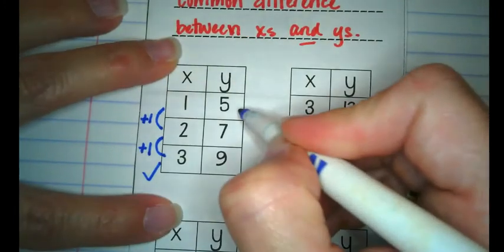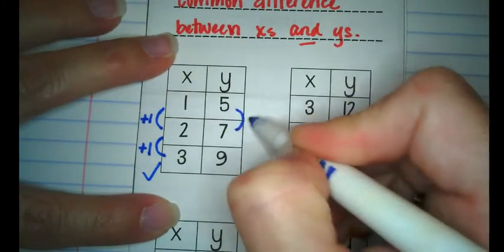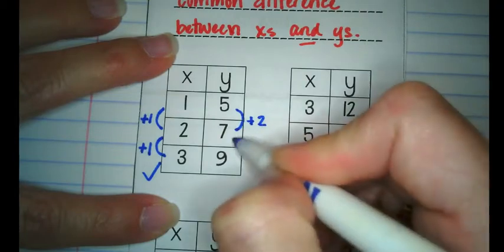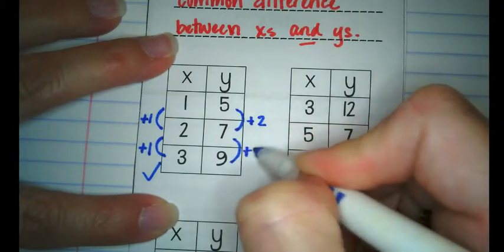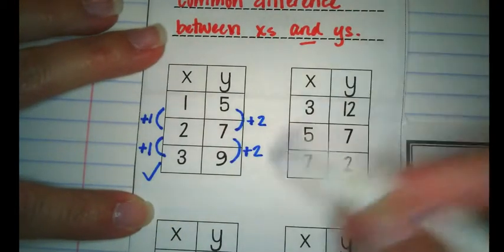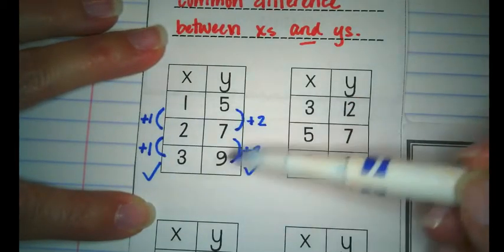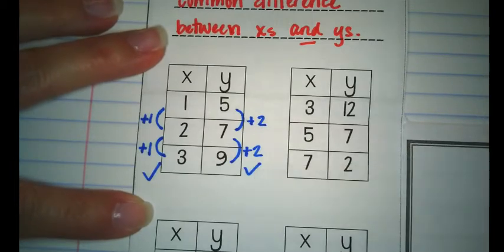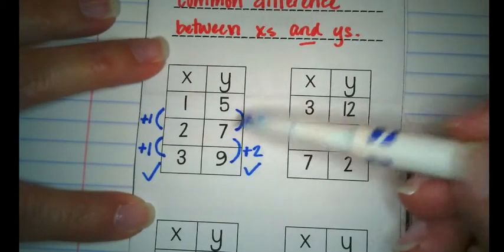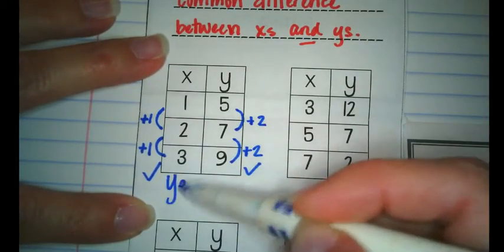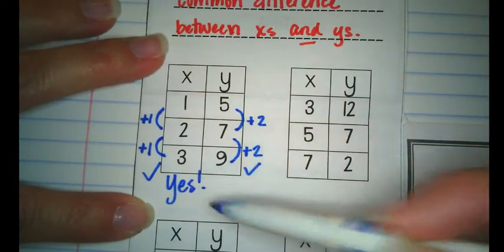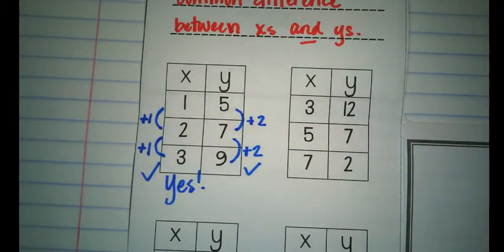Over here, if we look in the y's, from here to here, we add 2, and from here to here, we add 2, and that is also a common difference. So the difference between the x's and the difference between the y's is the same. So this one would be a yes. This is a linear function.